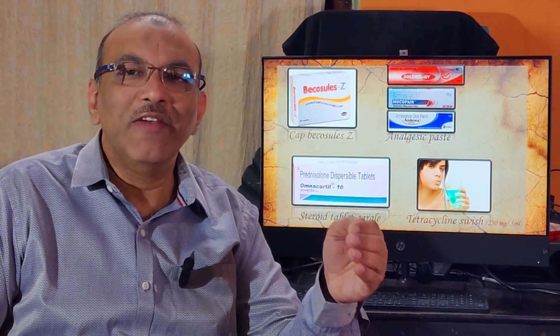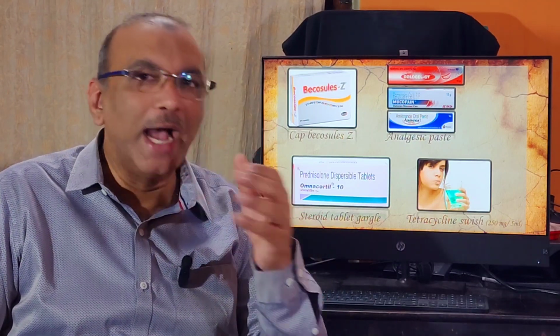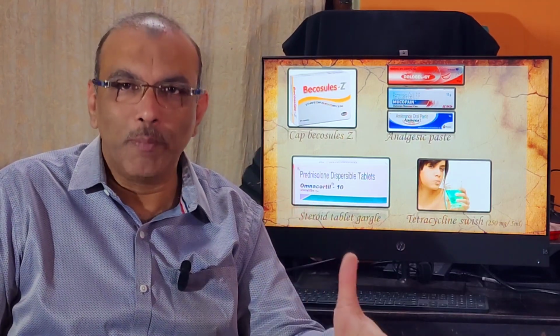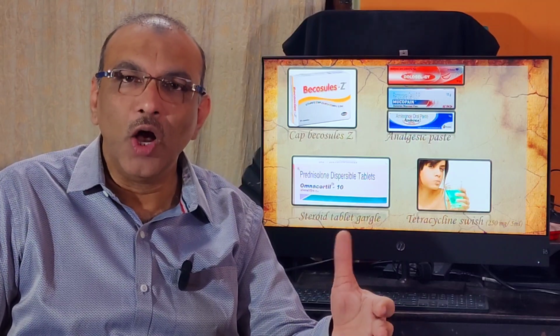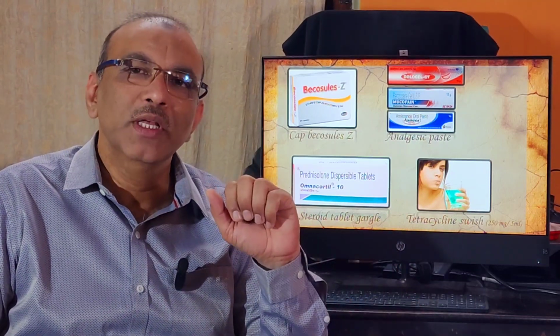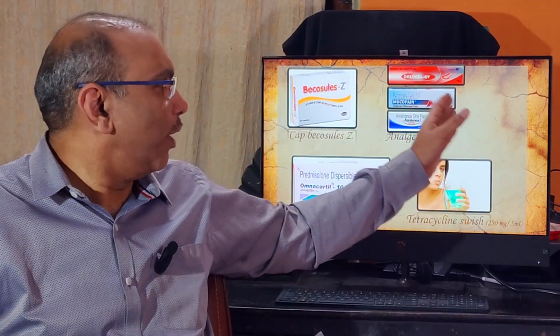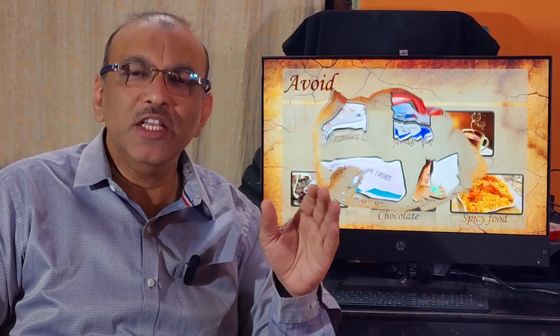Now, the commercially available ones. Most of us doctors, we used to prescribe either Becosules or B complex with zinc, or a multivitamin tablet for a period of 7 to 10 days. There are some pastes available which give very good relief.